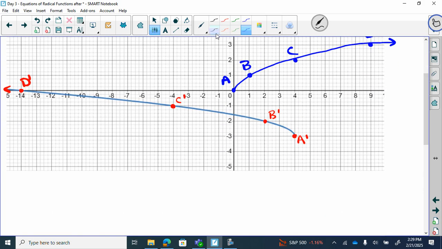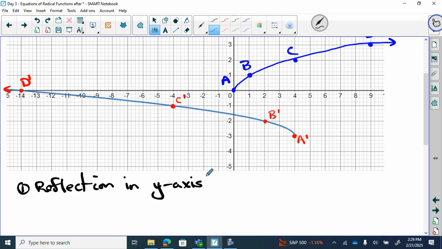Whoever said reflected in the y-axis, you are correct. What does that mean if it's reflected in the y-axis? B is less than 0.